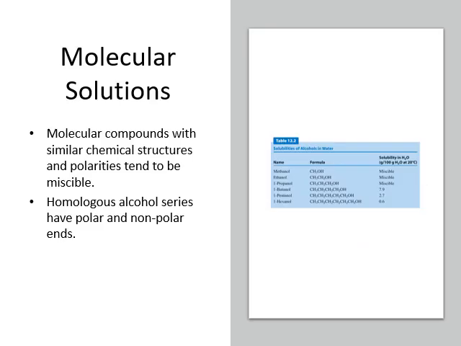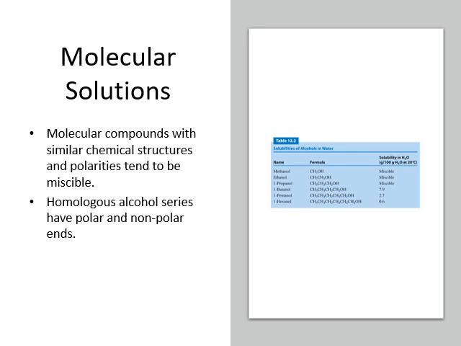Now, there is an example in the table of the alcohol series. These alcohols have a non-polar end and a polar end. The OH group represents the polar character, while the carbon chains represent the non-polar character.